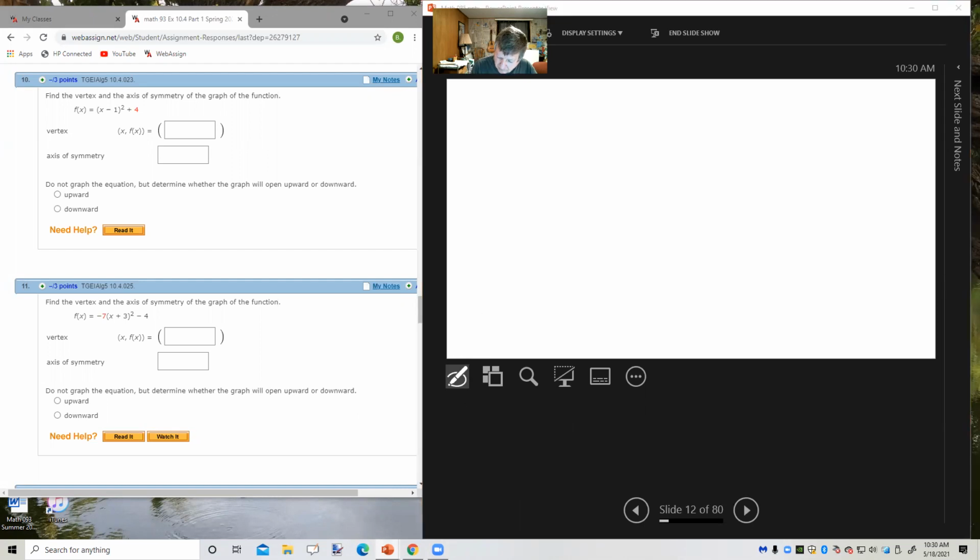All right, so the form of the second degree equations that we looked at yesterday looks like this. y equals a times the quantity x minus h squared plus k.